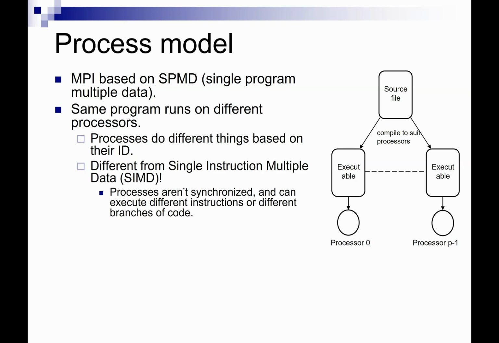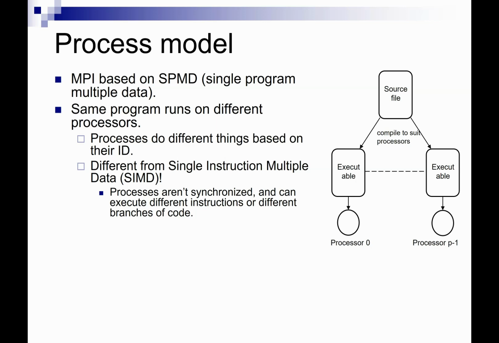Now, I just want to mention that SPMD is very different from something we've seen earlier, which is SIMD. Remember that SIMD stands for Single Instruction Multiple Data. SIMD is more of a hardware architecture. It says that you have multiple processing units, but they're doing exactly the same instruction at the same time point. So in SIMD, all of the processors are synchronized with each other.